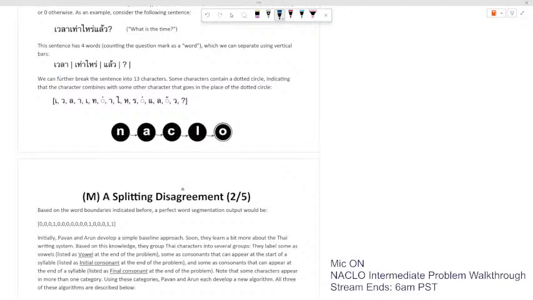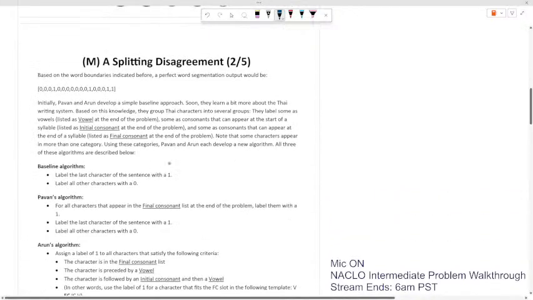Based on the word boundaries indicated before, perfect word segmentation output would be... So is that a single word? What are the 1s and 0s denoting? Okay, I'm gonna do this. We're gonna mark that.